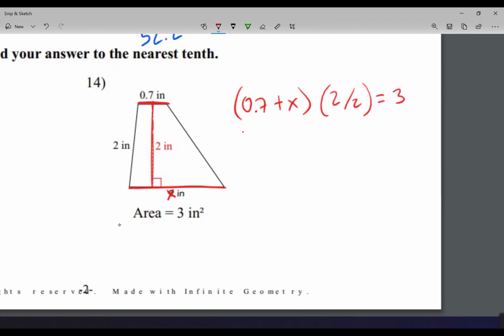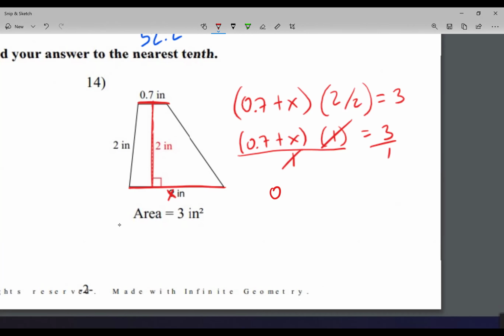Okay, my first parenthesis, 0.7 plus x, nothing I can do. The second parenthesis, 2 divided by 2 is 1. And all of this is equal to 3. Now, if I divide by 1 to get rid of this parentheses, I get 0.7 plus x is equal to 3.